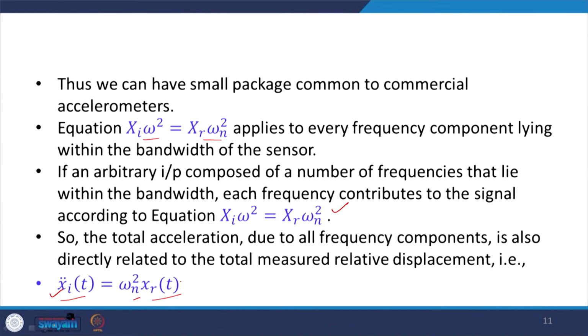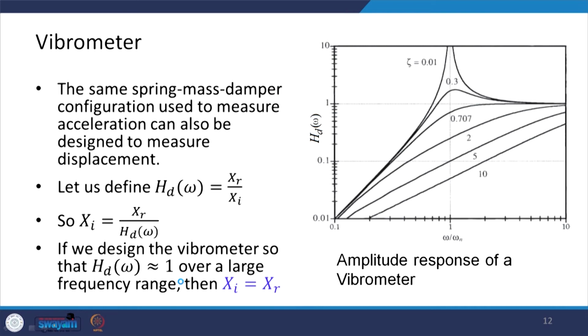So, the total acceleration due to all frequency components is also directly related to the total measured relative displacement. So, from here we can get in the time domain xi double dot t is equal to omega n square xr t. Next, let us look at another device, the vibrometer.